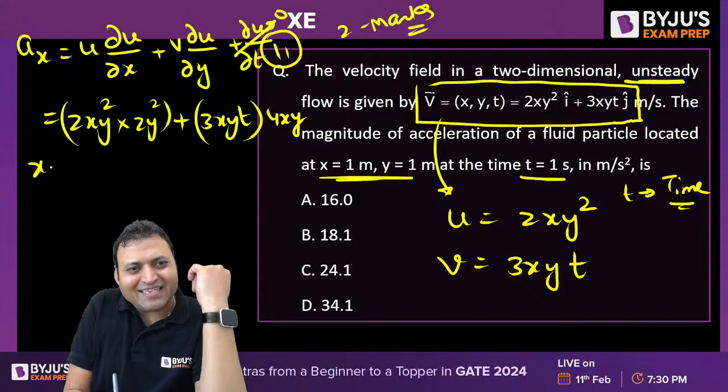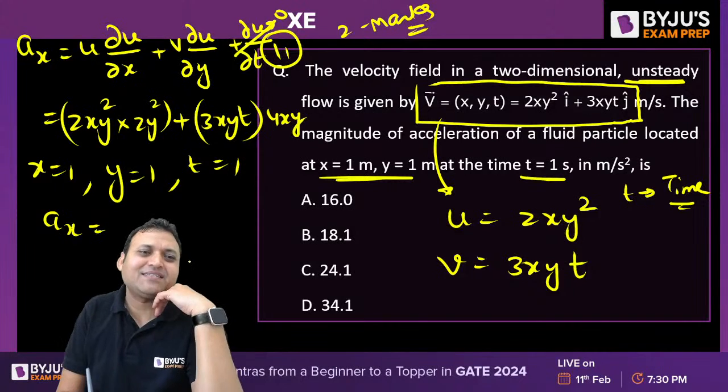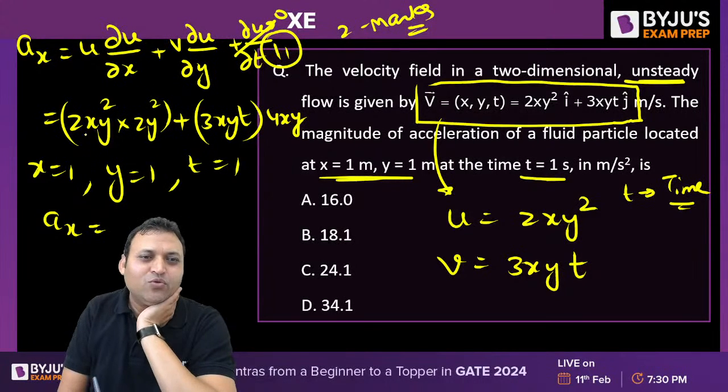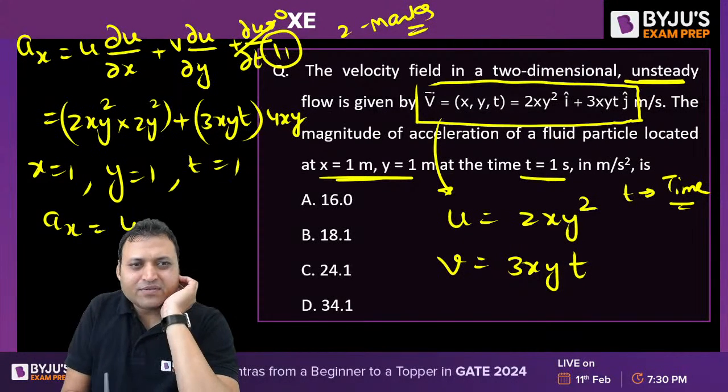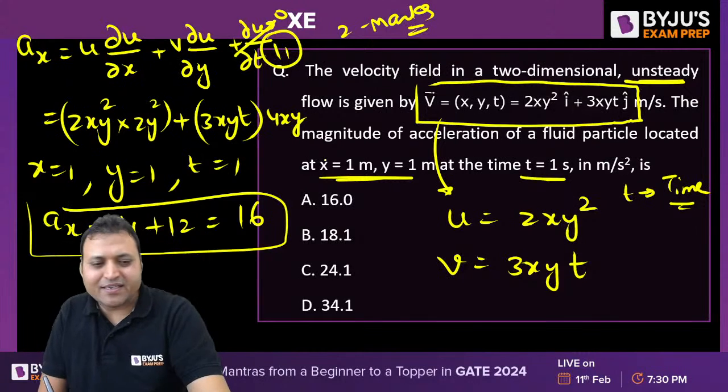At x equal to 1, y equal to 1, t equal to 1, what is the value of ax? ax will be 4 plus 12, that is 16 units. ax will be equal to 16 units, isn't it?